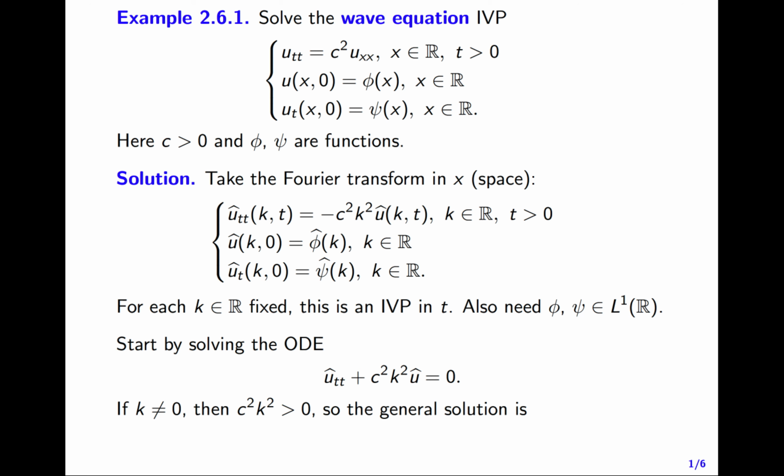And if k is not 0, then because we always assume the wave speed c is non-zero, we have c squared k squared positive. So the general solution is u hat(k,t) equals alpha(k) cosine(ckt) plus beta(k) sine(ckt). Here alpha(k) and beta(k) are constants that depend on k, because remember, for each different constant k, I have a different differential equation.